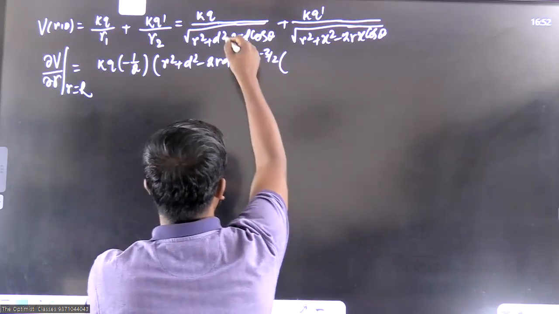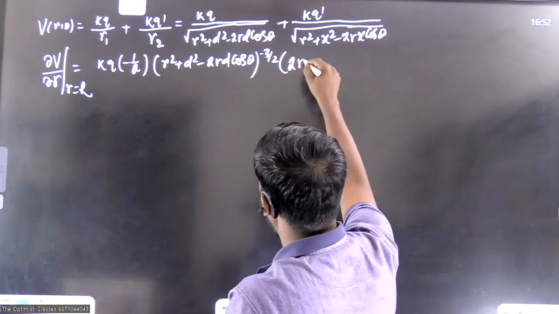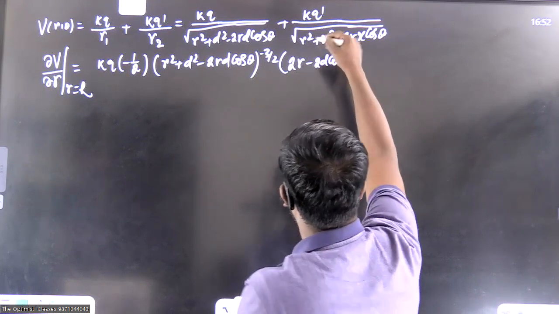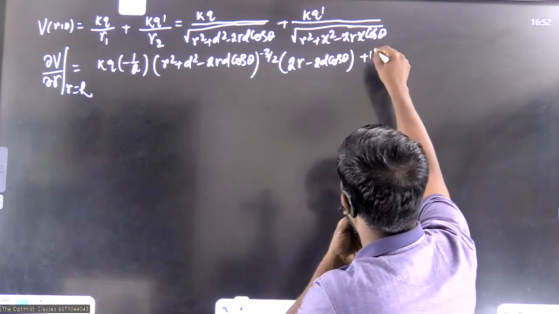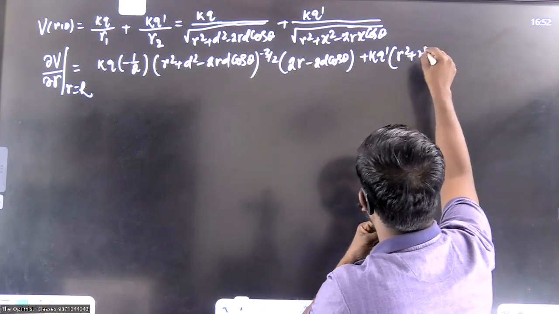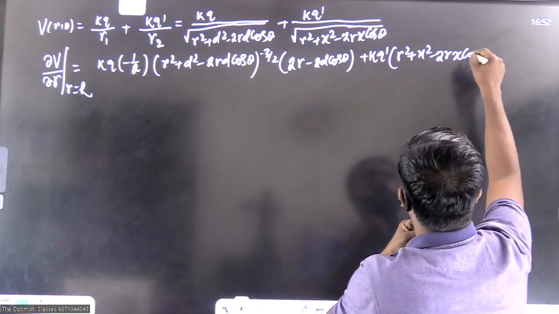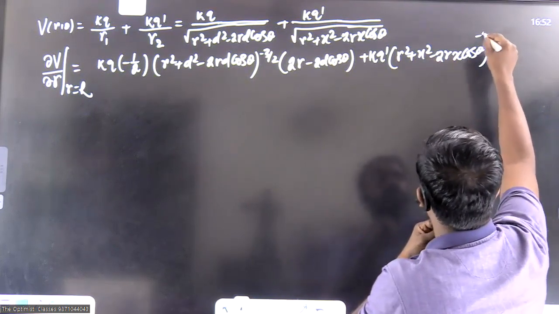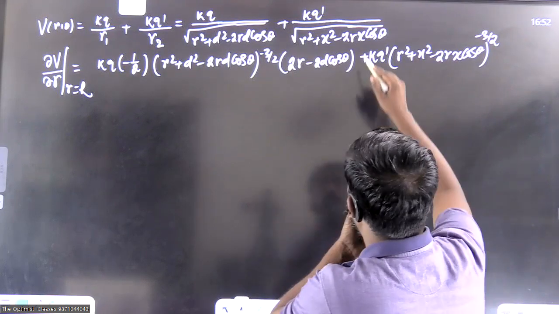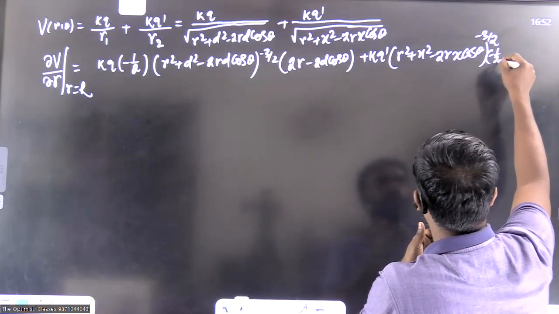When the inside argument is differentiated, you get 2r minus 2d cos theta. When you differentiate the other term, you get kq prime times r square plus x square minus 2 r x cos theta, with power minus 3 by 2, and also a factor of minus 1 by 2, which I had forgotten to write here.